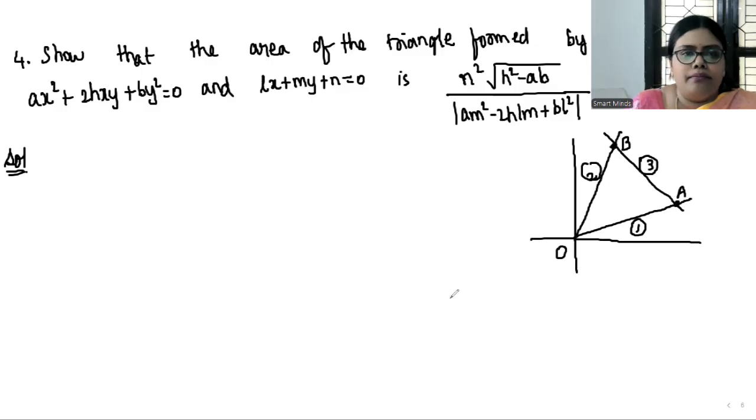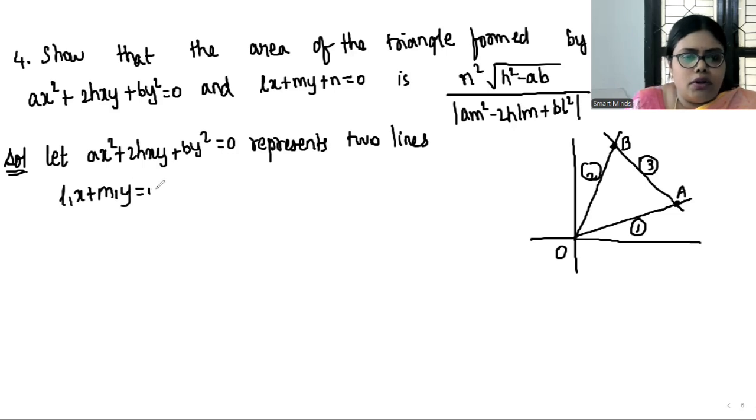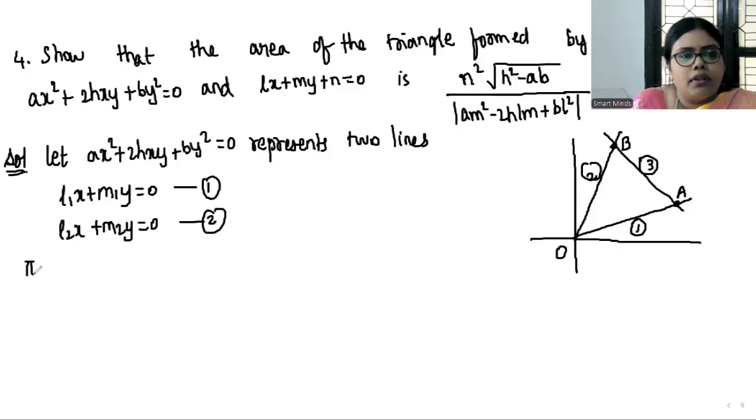So first let us write ax square plus 2hxy plus by square equals 0 represents two lines: L1x plus M1y equals 0, this is equation number 1, and L2x plus M2y equals 0, equation number 2.